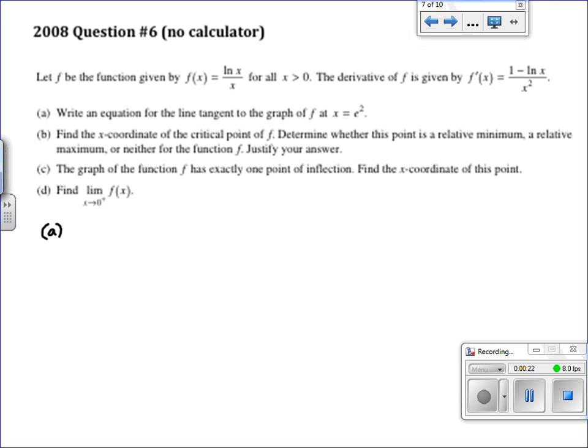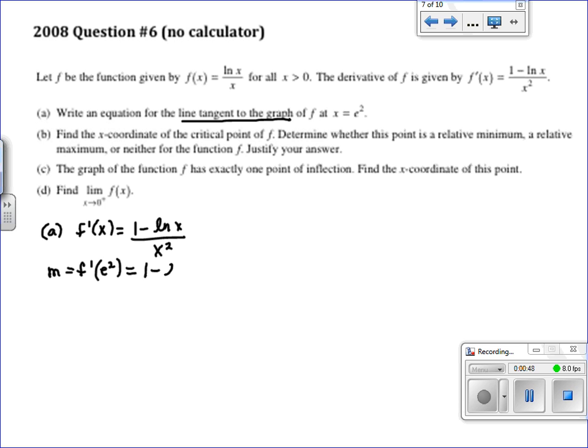So part A: write an equation for the line tangent to the graph of f at x equals e squared. Whenever I see the line tangent to the graph, that means I need to find the slope, so I need to find f prime. Luckily, we're given that f prime of x equals 1 minus natural log of x all over x squared. So f prime evaluated at e squared is my slope of the tangent line at that point.